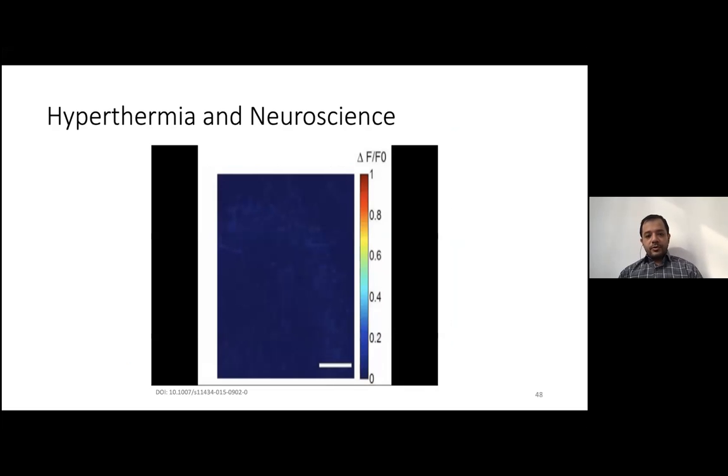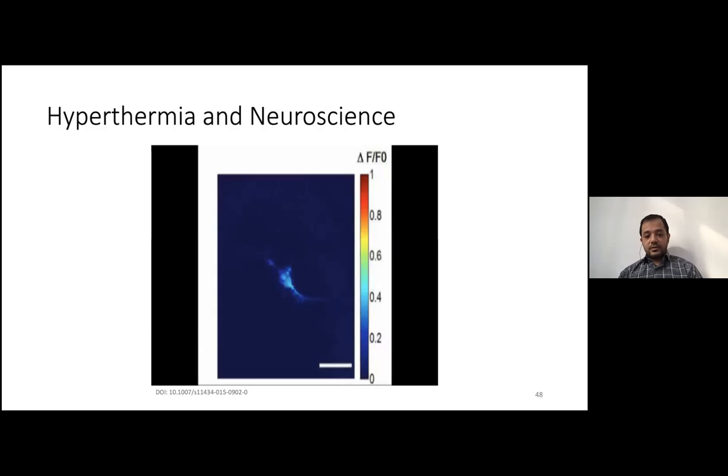There's also hyperthermia in neuroscience. These people use heat shock and heat shock proteins on neuronal cells, and by turning on the alternating magnetic field, they were able to record action potentials from neuronal cells remotely.